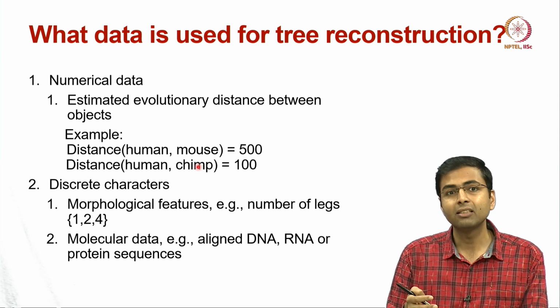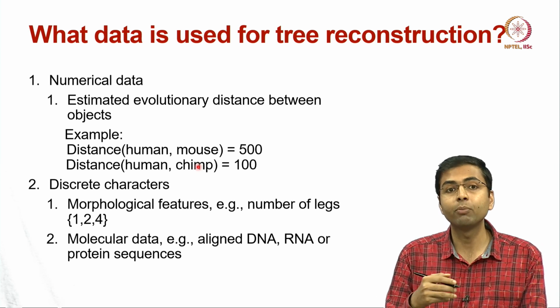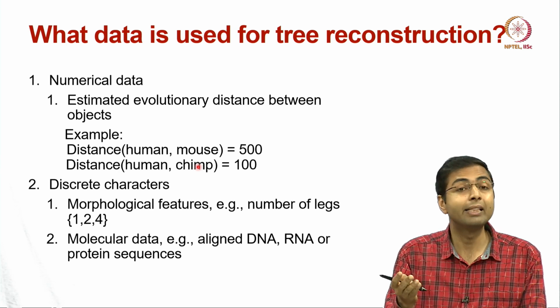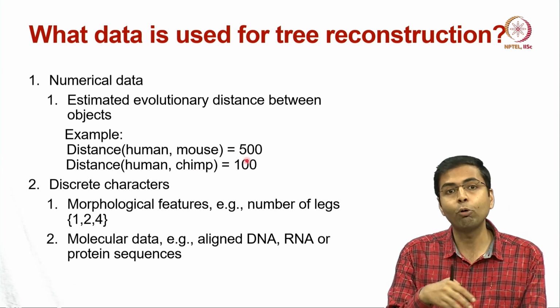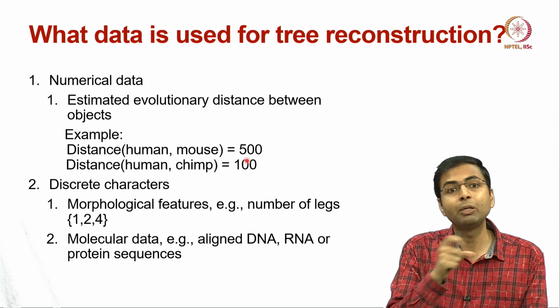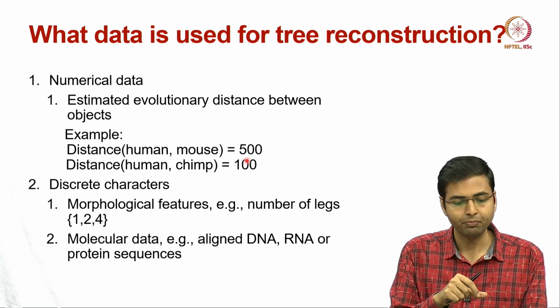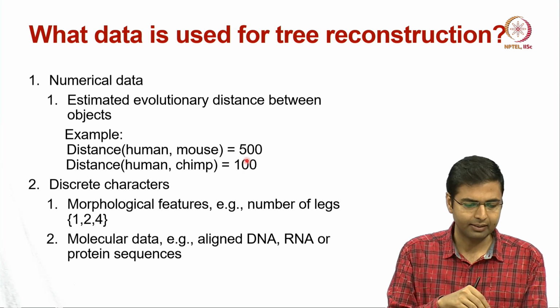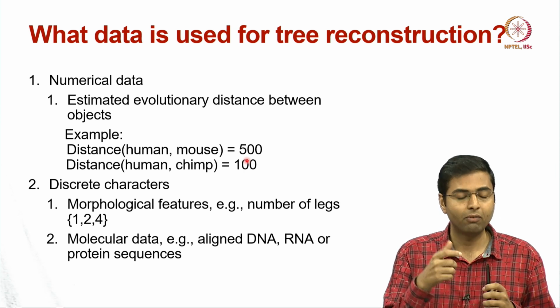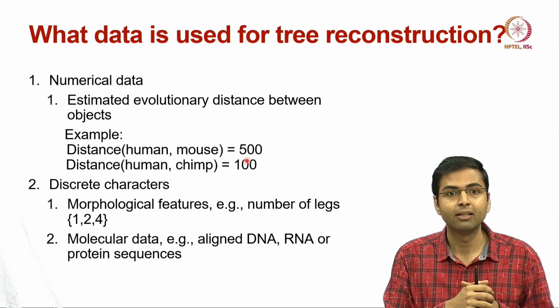This numerical data may come from the mutations observed in these genomes. For example, maybe this quantity is proportional to the number of mutations between them. The other kind of data is discrete characters, where each character has a finite alphabet.